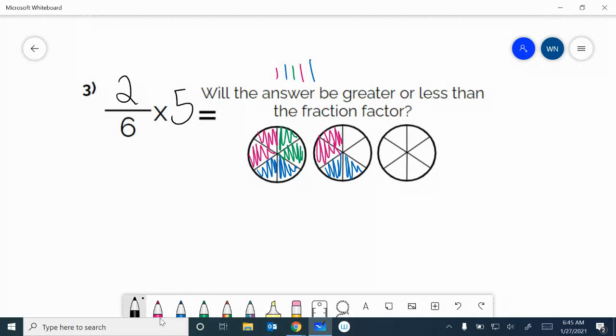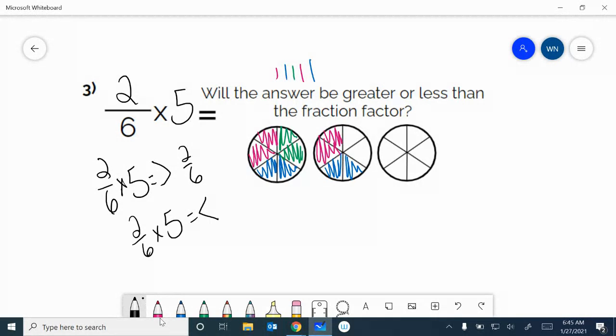So let's identify what we've got. But before we do that, let's talk about what your equivalencies would be. 2/6 times 5 is going to be greater than 2/6, and 2/6 times 5 is going to be less than 5.